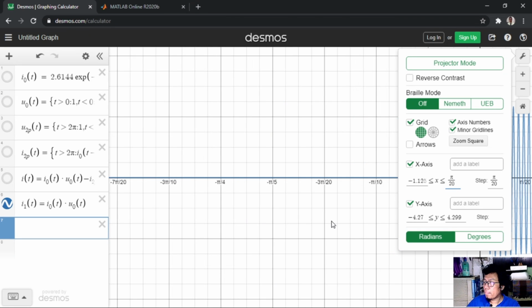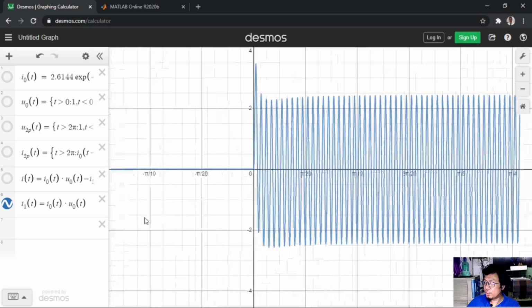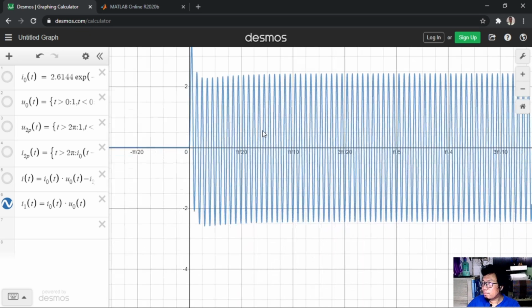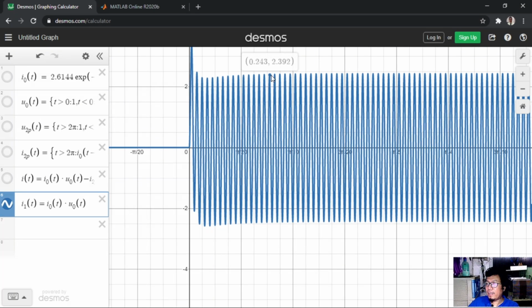So you would see na some time here, the peak value of your sinusoid, of your oscillation, would actually be settled, or would actually assume a constant value. Siguro mga some time dito.